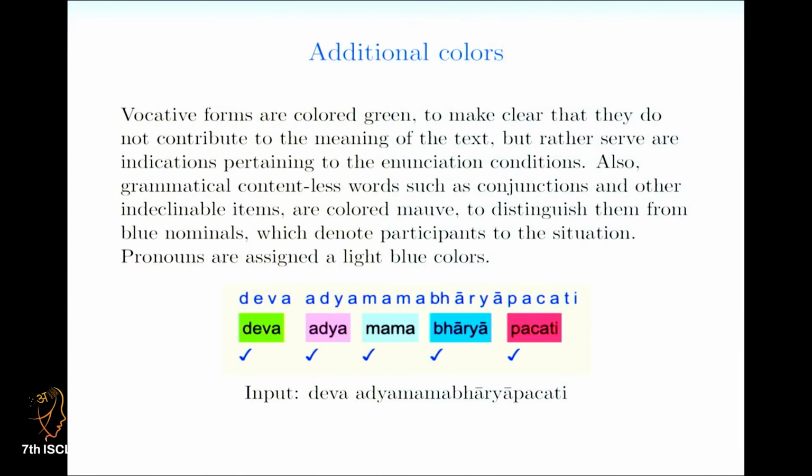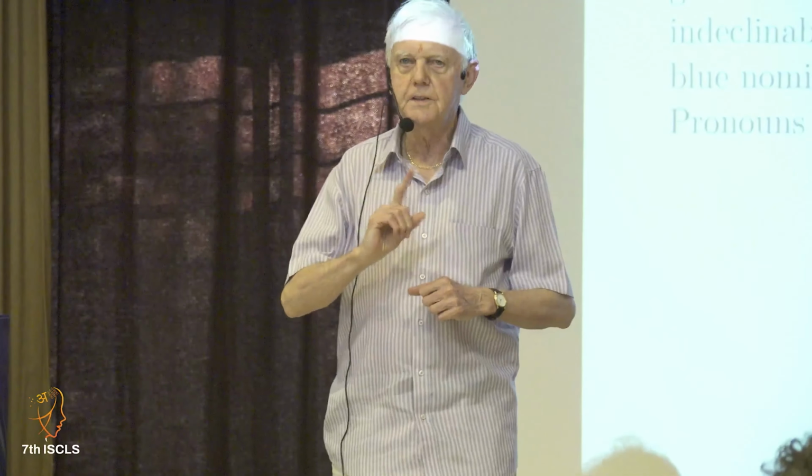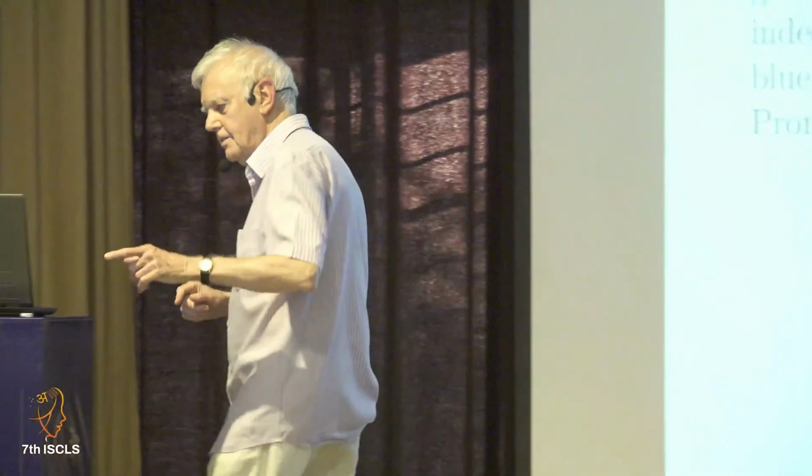Now we have a few additional colors. I'm not putting the vocative in the blue part because the vocatives are not really part of the sentence. Yes, they are part of the enunciation conditions. So they don't participate in the construction of the sentence. It's like a comment on the conditions of utterance of the statement. And so I chose a very different color, acid green, so that you will notice it.